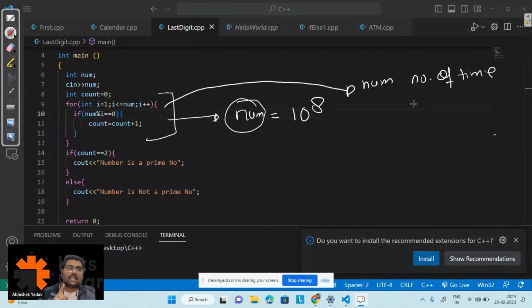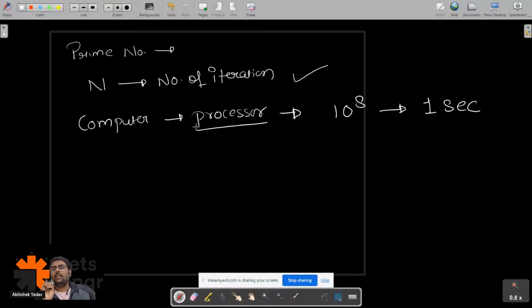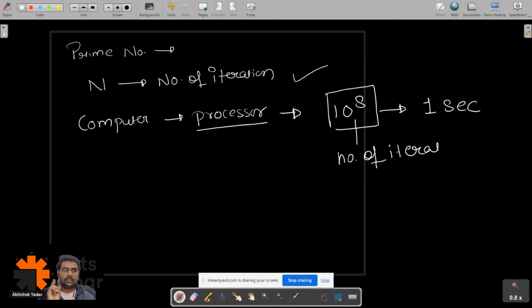So my computer will take how many seconds? It will take 1 second to execute this for loop when the value of num is 10 to the power 8. What did we do? We took a computer, and the processor is executing 10 to the power 8 iterations in 1 second.